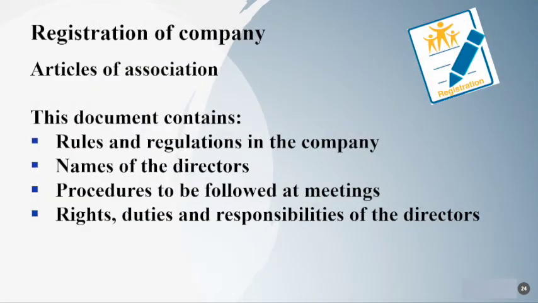Articles of Association. This document contains rules and regulations in the company, names of the directors, procedures to be followed at meetings, and rights, duties, and responsibilities of the directors.